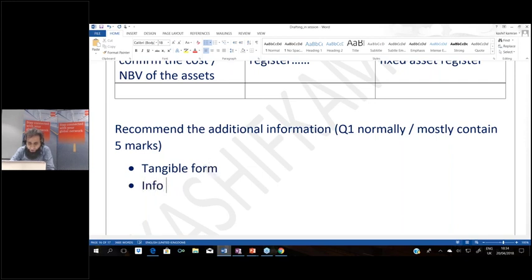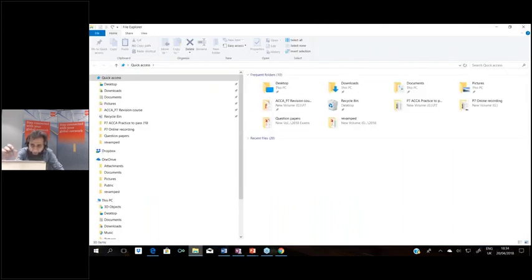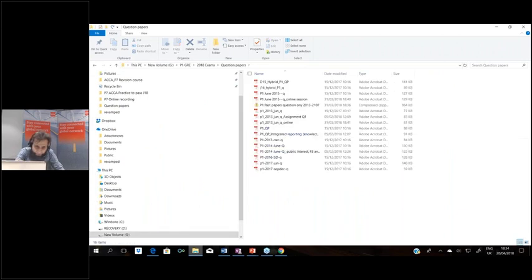The information pertains to the case study, so it has to be case specific, right? Let me give you an example. If I take you to an exam paper we did on the first day, which was basically the June 13 exam paper.